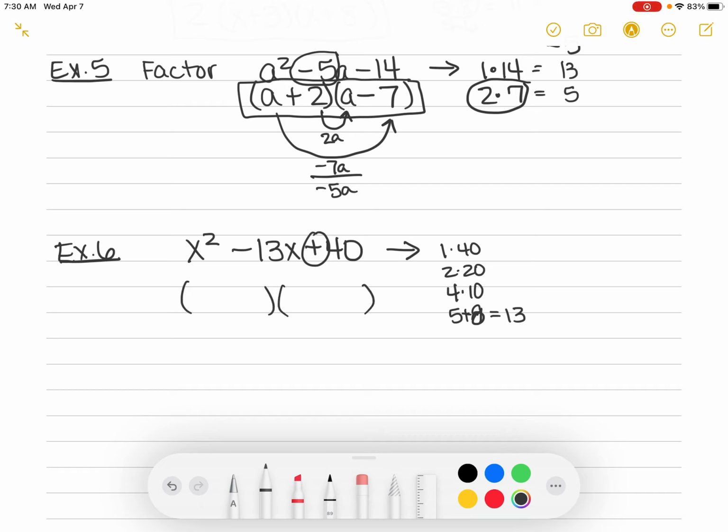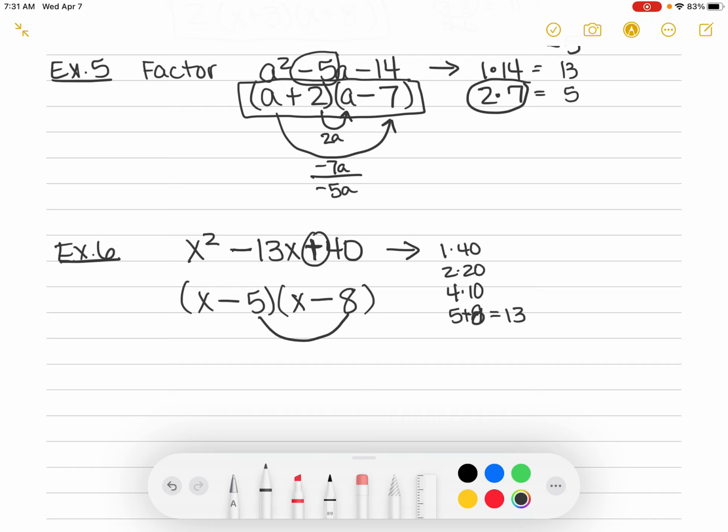So when I multiply these, I'm going to have a 5 and an 8. But remember, I said I was adding. And I can't put plus plus because this middle one has to end up being negative. So the trick is when I have a minus and a plus, I'm going to be adding, so my signs have to be the same, so they're both going to be minus.